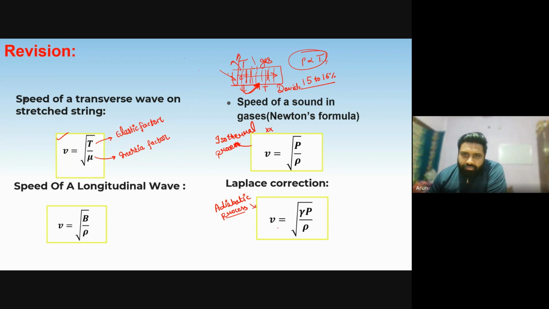got it. So that is why this extra factor, gamma, has to be added in this expression, and we get the approximate value of the propagation of sound, which comes to nearly 331.6 meters per second at NTP, normal temperature and pressure.